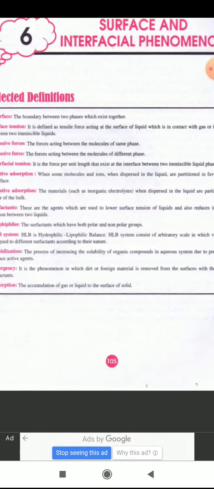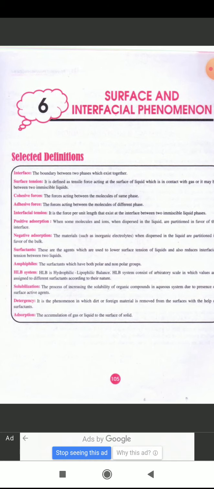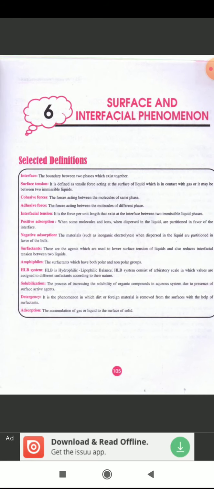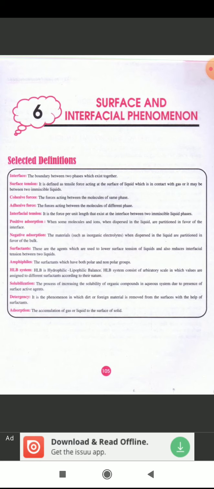Cohesive force is the force acting between molecules of the same phase, and adhesive force is the force acting between molecules of different phases. Interfacial tension is the force per unit length between two immiscible liquid phases.